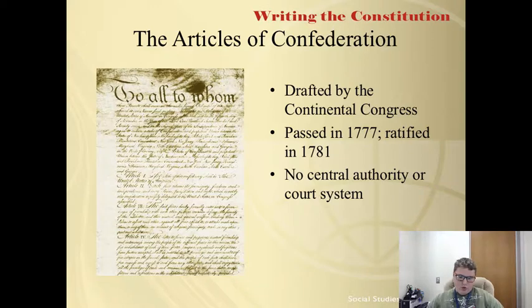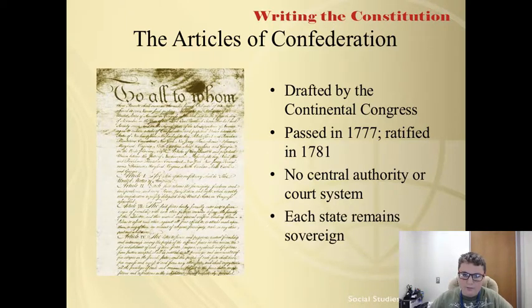Designed as a sort of loose alliance, the Articles allowed each of the 13 states to remain sovereign. The national government had no way to enforce national laws or compel the states to do anything they preferred not to.